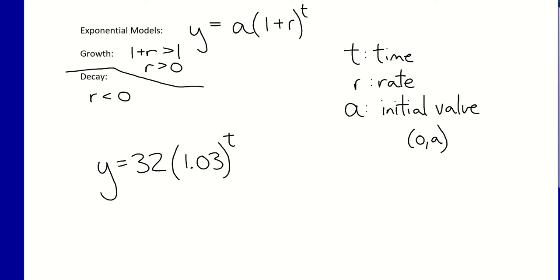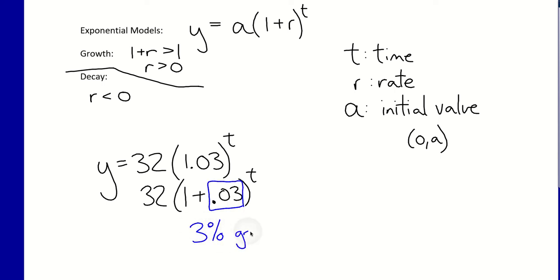Well, if I break this apart into the model's template, then this would be 1 plus 0.03 to the t power. And so since I'm actually adding something to the 1, I know that this is going to be growth. In fact, I'm going to look at that number and I'm going to say that that is going to be 3% growth.